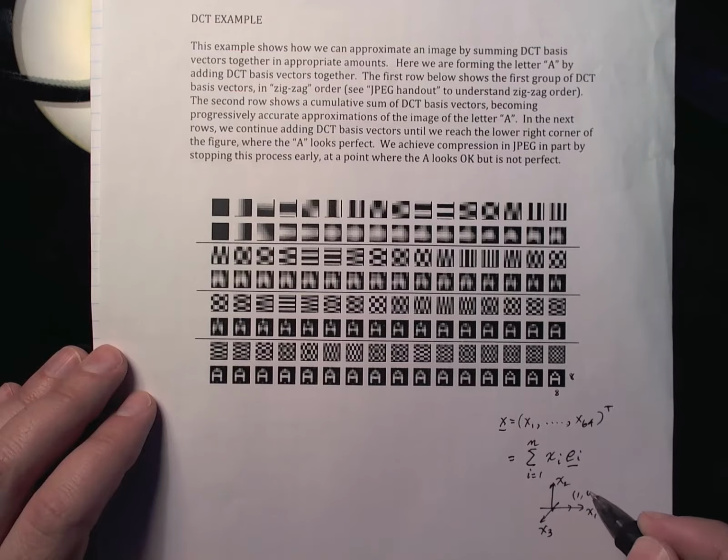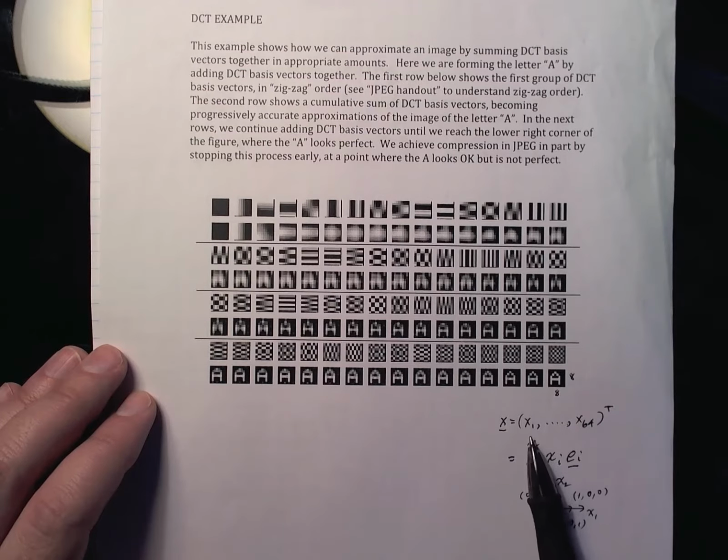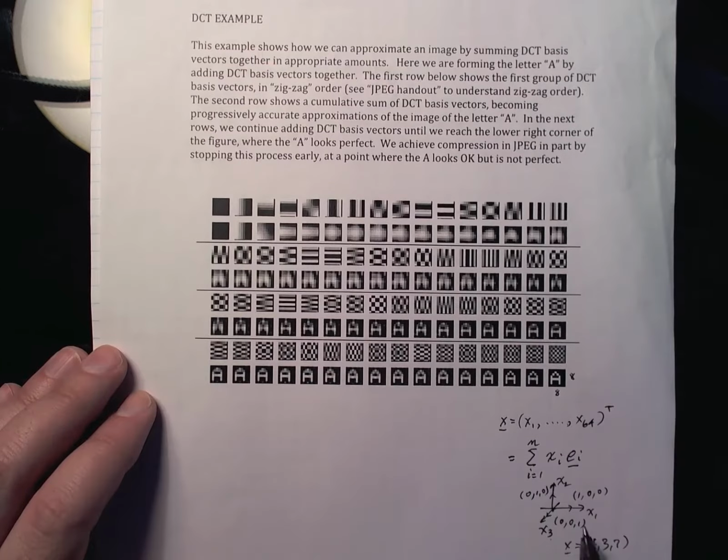There's a basis vector here that's 0, 1, 0, and a basis in this direction that's 0, 0, 1. Now we have 64 directions. I can't draw them all, so I'm trying a simplified 3D example where you only have 3 pixels. But when we say a three-dimensional vector x, such as x equals 4, 3, 7, what we really mean is it's 4 of this vector, the 1, 0, 0 vector, 3 of that one, 7 of that one, right?